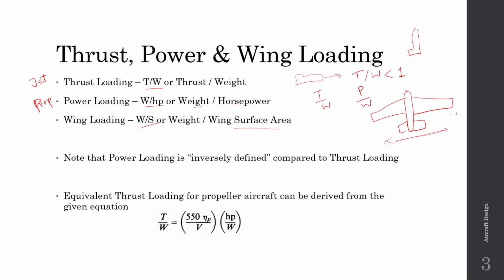Although a large wingspan has some advantages, like it reduces the induced drag, a larger wingspan makes the aircraft sluggish to control. So it will take more time to make turns and maneuvers. You will also see that fighter aircraft have smaller wings, so the wingspan is smaller and the wing loading is higher.